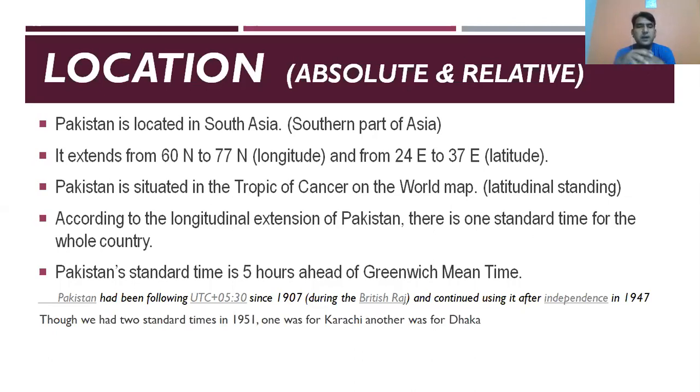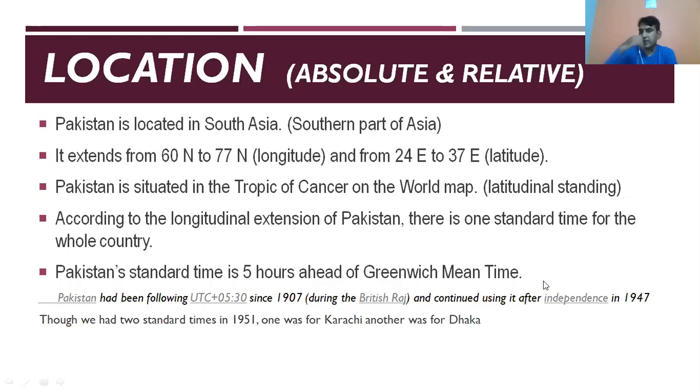Pakistan is not a big country, nor a small one. We are at number 36 in terms of land area. That's why we have one standard time. Pakistan standard time is 5 hours ahead of Greenwich time.